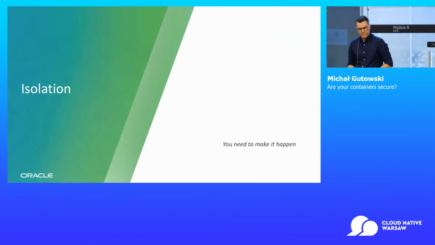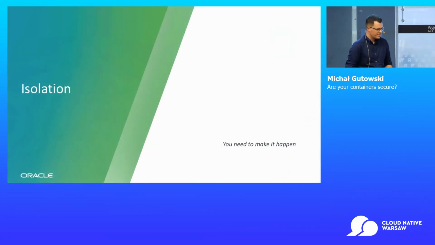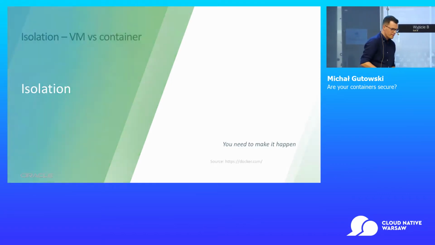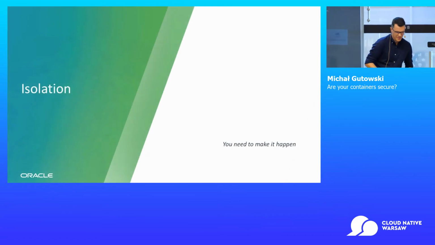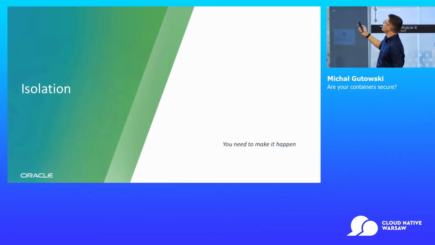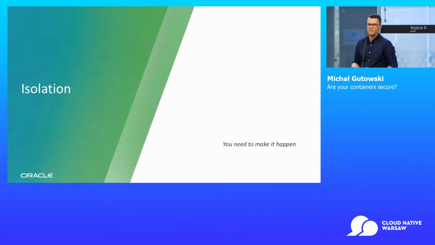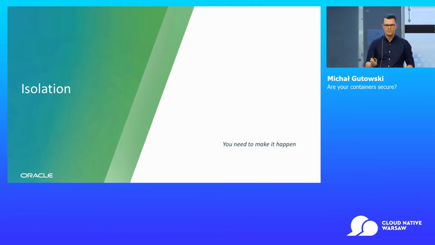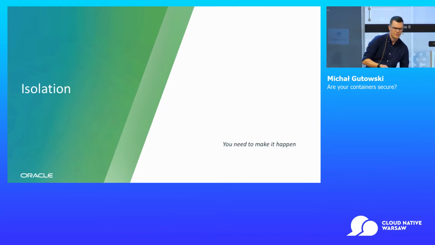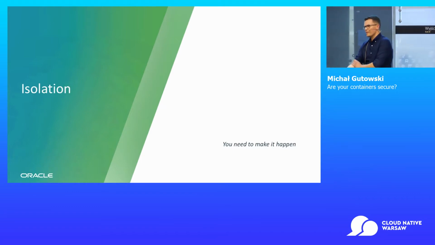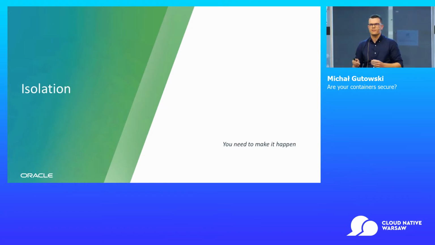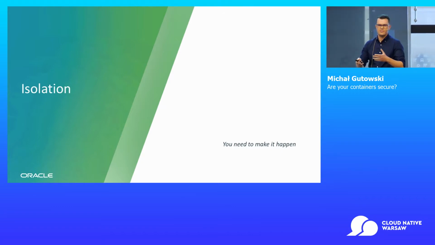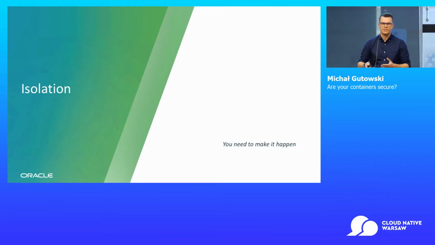So, okay, we covered the image. Let's talk about isolation. Yeah, you need to make it happen. So, who thinks the containers are isolated in a way, right? And the isolation is confusing because somebody said in the morning that actually the word container comes from 1983 when Sun Microsystems implemented the first containers, right?